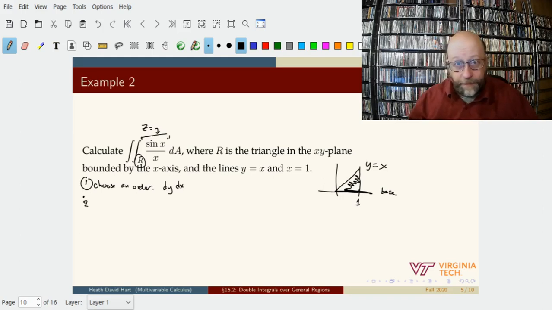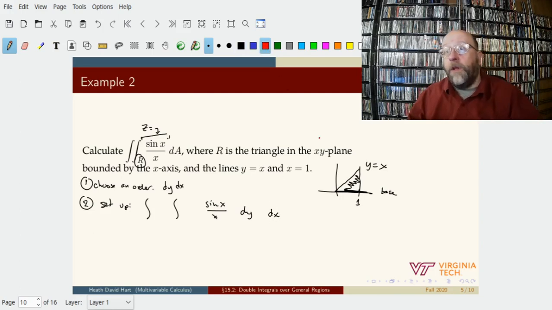All right. So now we're going to set up the integral. In the x direction, we just want crude boundaries. We just want to know what is the smallest x value and the largest x value that contain this shape. And those are 0 and 1.